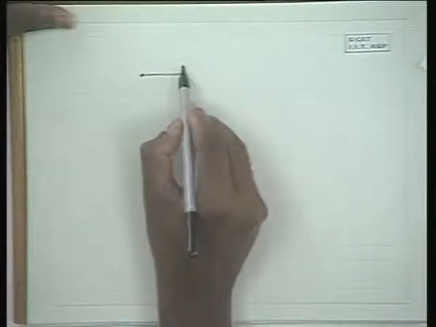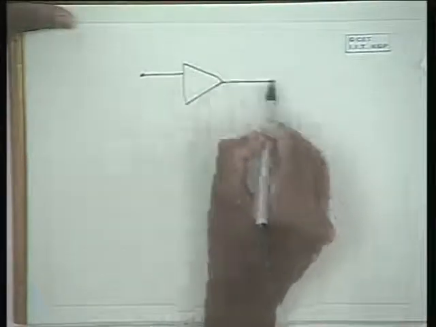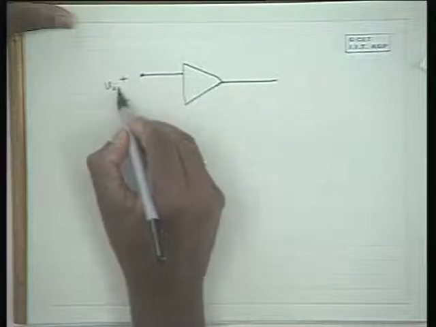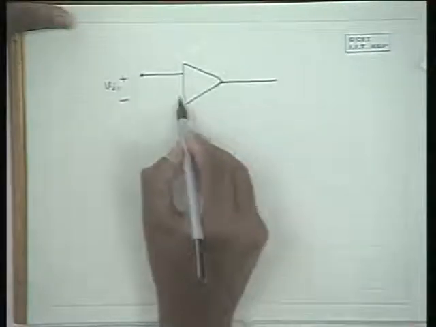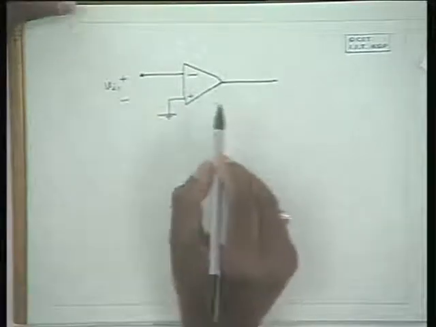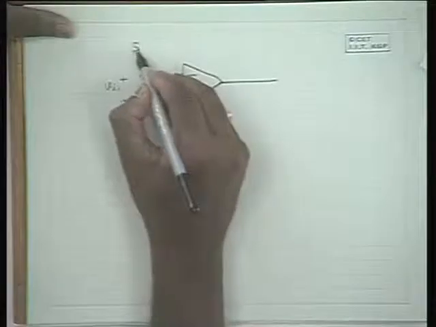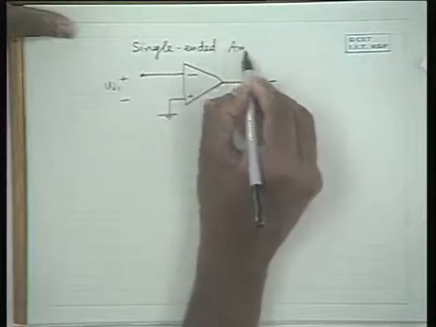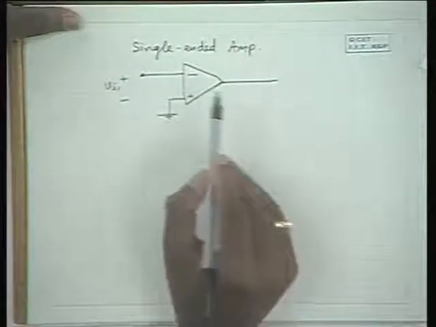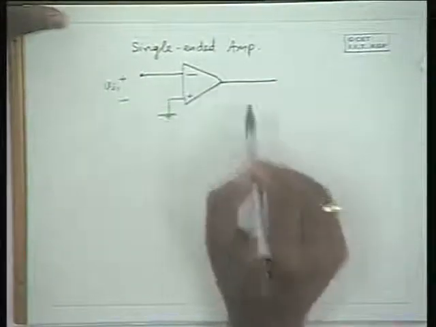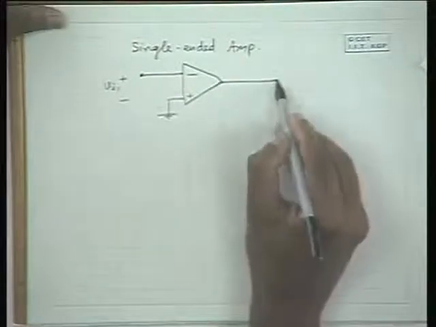By grounding one of the terminals and using only one terminal, say the negative terminal, and grounding the positive terminal, we can use it as a single ended amplifier, with a voltage gain which has a negative sign.